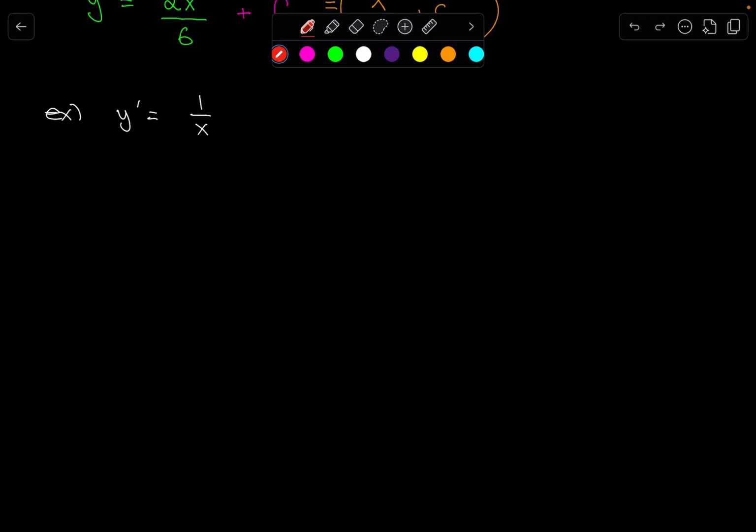Another way of thinking about that is, when we go down this way and we take the derivative, what function has a derivative of 1 over x? And this is where you need to be really familiar with your derivatives, because hopefully we remember that this is the natural log of x, and then you think, okay, plus c.